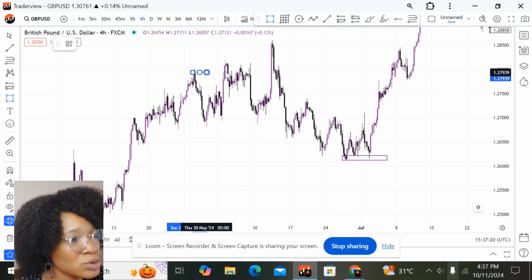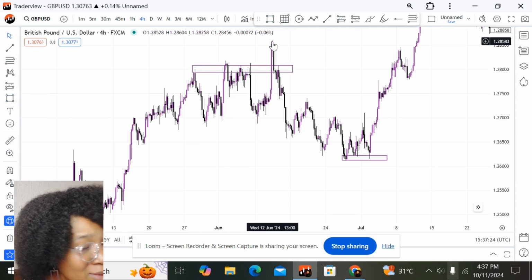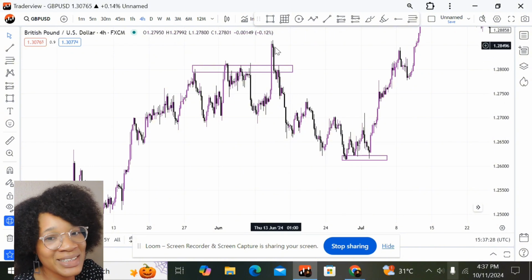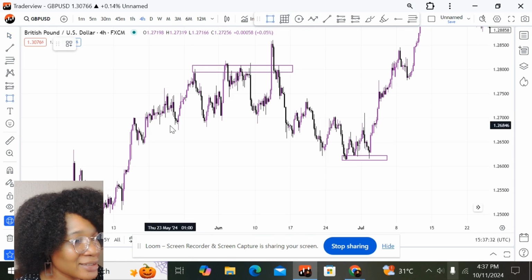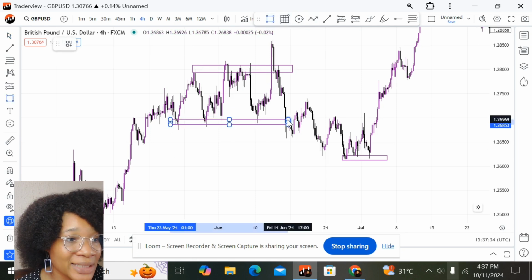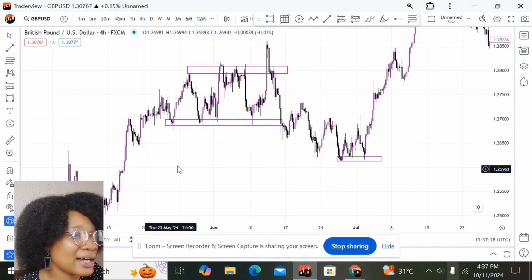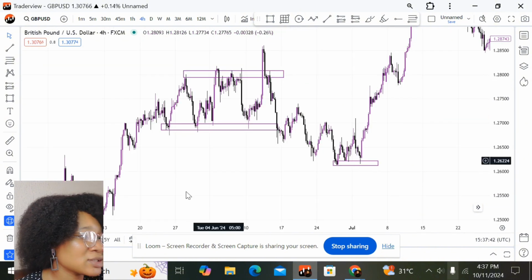Even though it came here, cleaned out the liquidity nicely, came back, and made a retest. This is the horizontal neckline. It didn't really come to test this neckline, and it gave a very minor downtrend before it continued to move up again.